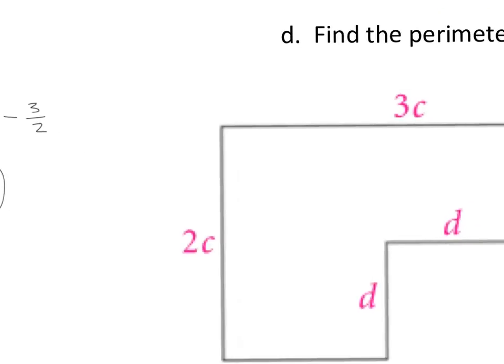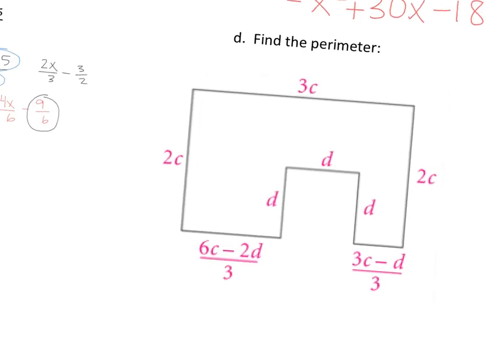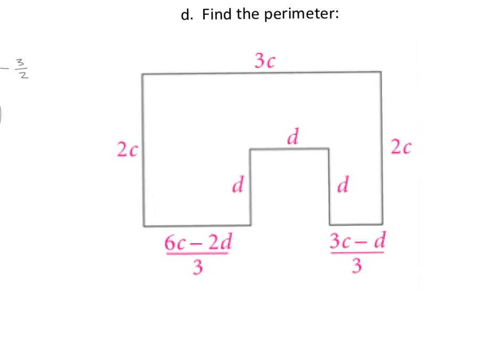And then the last problem, D, find the perimeter. So to find the perimeter, you need to find the distance around the polygon, the shape. So you're going to add up all the sides.